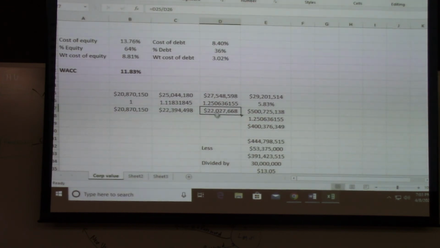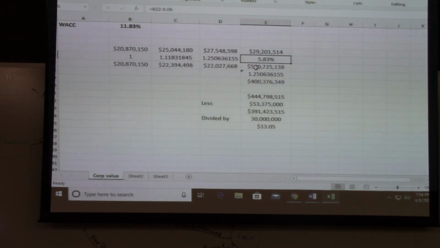Then we're going to sell at the end of 2007. And what are we going to sell it for? Well, we take our free cash flow here and divide it by our WACC minus the growth rate of 6%, and we get $500 million.